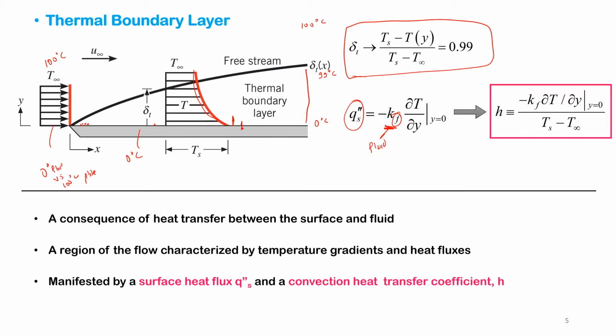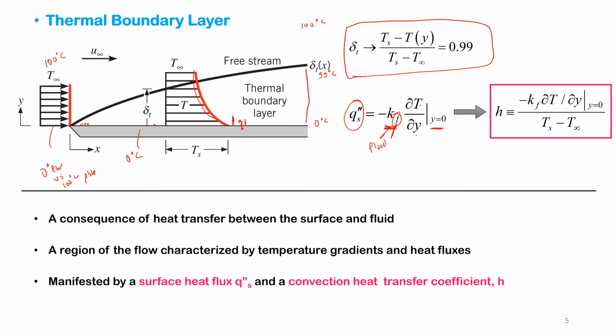Whenever you are doing a convection calculation to estimate h, you will be concerned with the fluid properties, and this is the thermal conductivity of the fluid. So that means the heat flux slightly above the plate is dT/dy, evaluated at y equal to 0, multiplied by the thermal conductivity of the fluid.